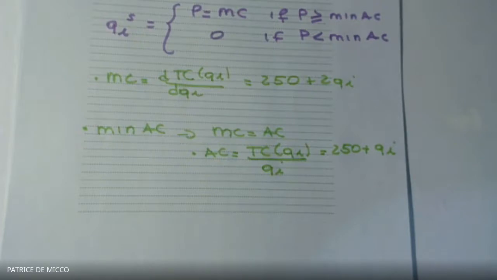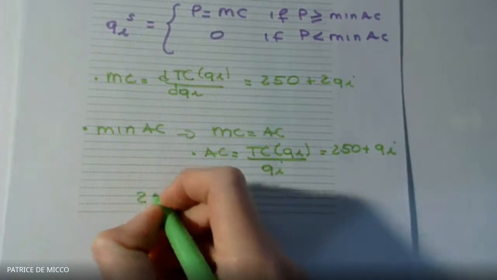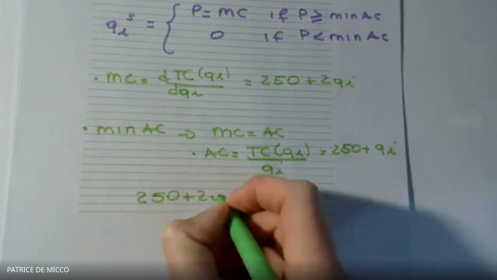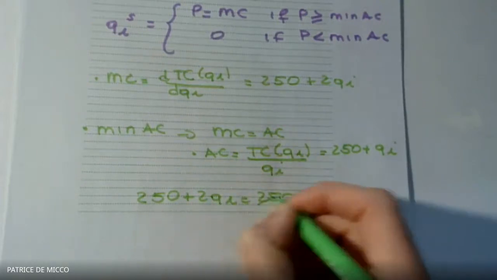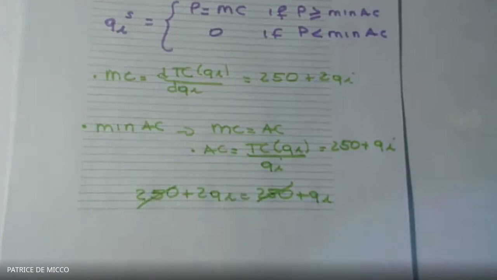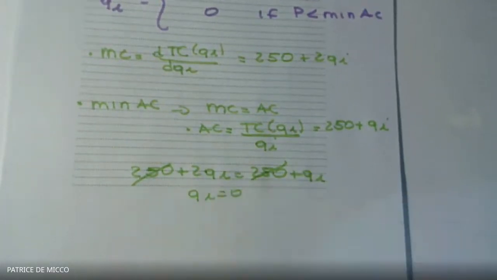Now I can set up the equality between marginal cost and average cost. And so I have 250 plus 2 Qi equal 250 plus Qi. This we can get rid of, and we end up with Qi equals 0. This is the quantity that minimizes average cost, but obviously it is not minimum average cost.